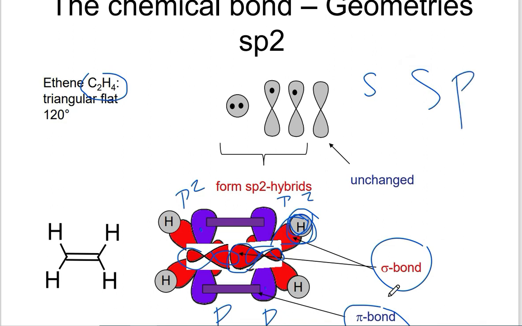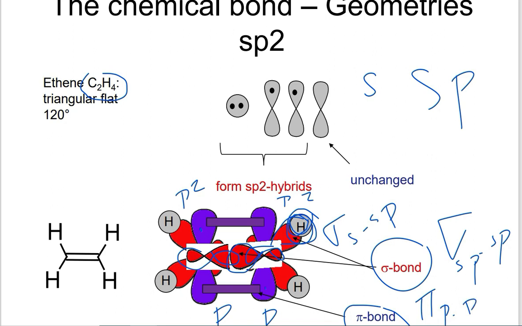The bond here, the sigma bond, is sigma s sp because it's between the s sphere and the sp hybrid orbital of the carbon. Whereas between the carbon themselves, so between this carbon and this carbon, the sigma bond is sigma sp sp because both are now hybrid orbitals coming from carbons. For the pi bond, it's pi p p. It's always between two p orbitals and not between hybridized orbitals.